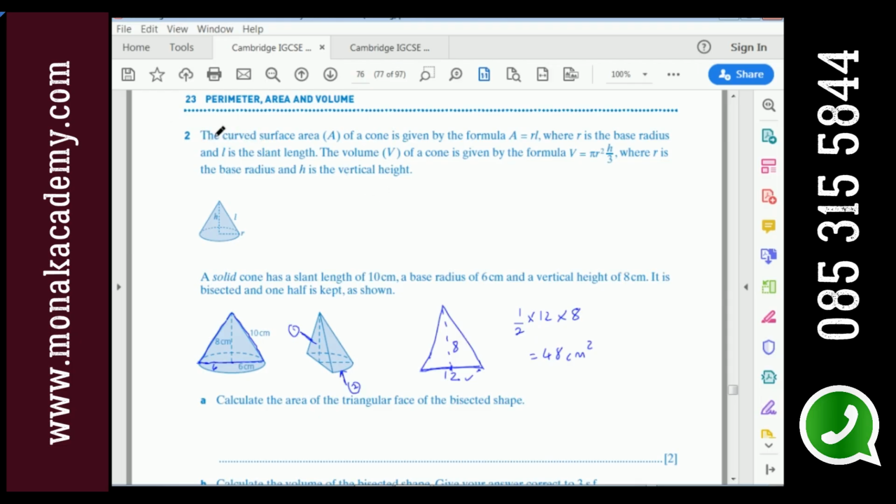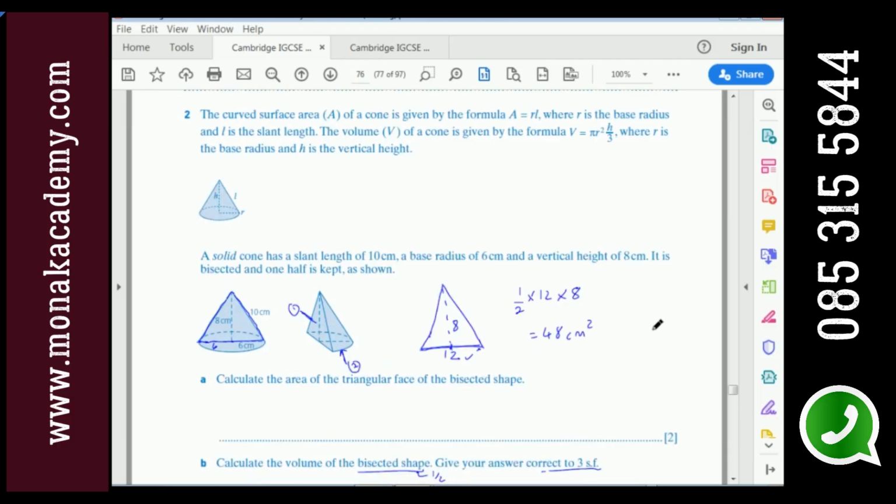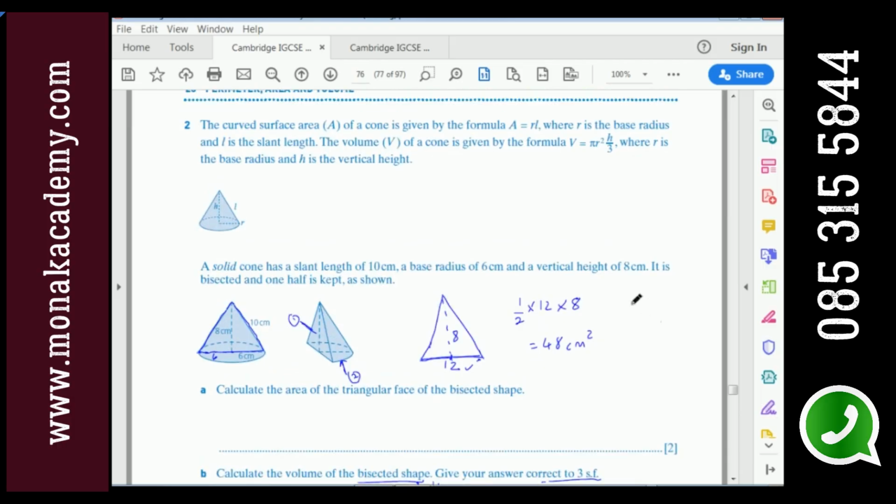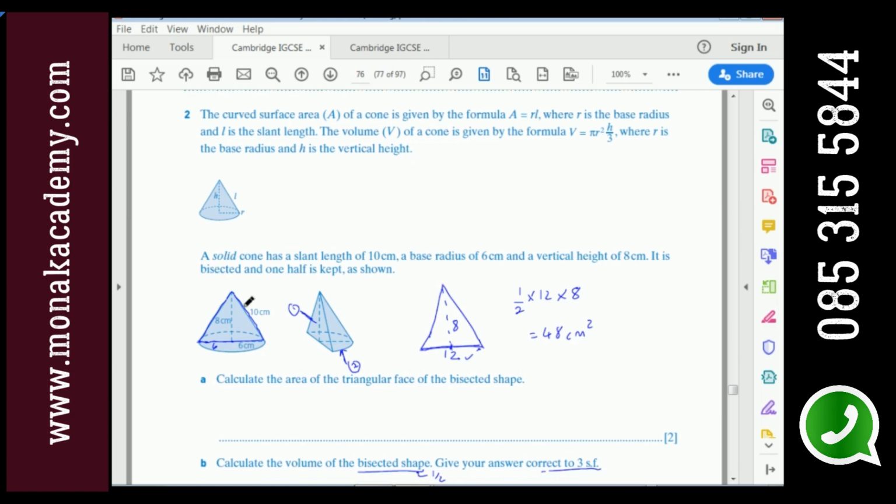The first sentence says what? The curved surface area of a cone is given by the formula pi times r times L, where L is the slant length. Slant length is the one that is like this. In this case, what is the slant length? 10. Okay.